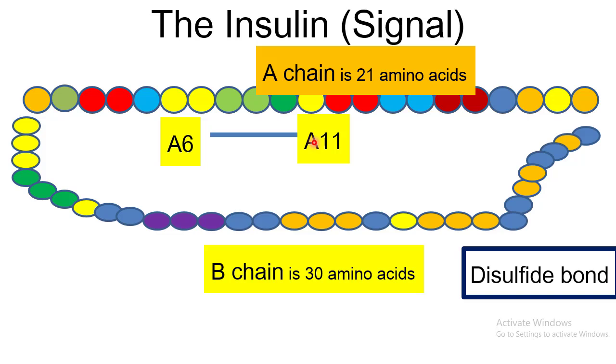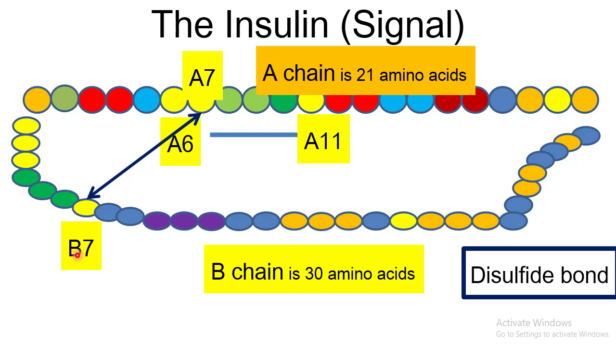Secondly, there are interchain disulfide bonds. What I mean by that is that there are disulfide bonds between the chain A and the chain B. At which positions are these disulfide bonds present? At position number 7 of the chain A, there is a cysteine amino acid. At position number 7 of the B chain, there is a cysteine amino acid, and they make an interchain disulfide bond.